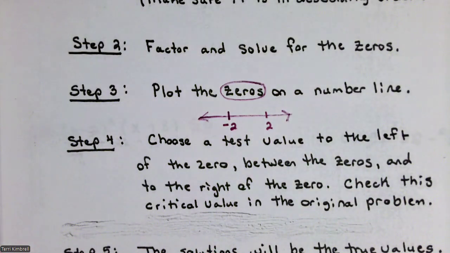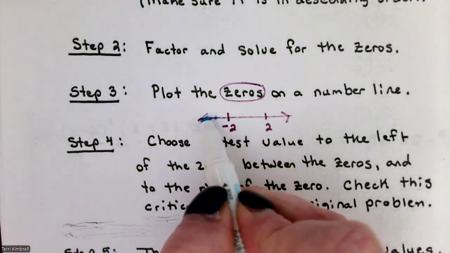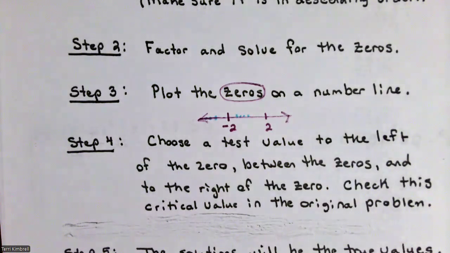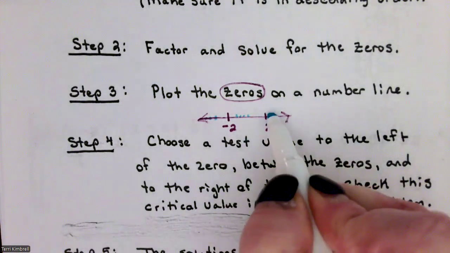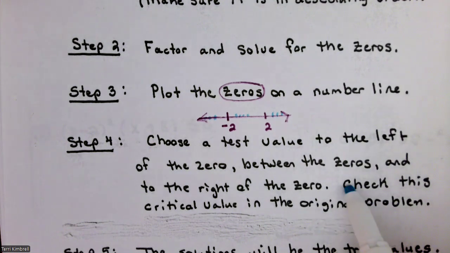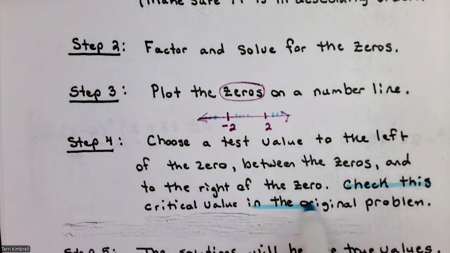When you have those points on a number line, you're going to pick a value to the left of that point, in between those 2 points, and to the right of that point. Okay, once you have your zeros there, you're going to pick some test values. You're going to check these values in the original problem.